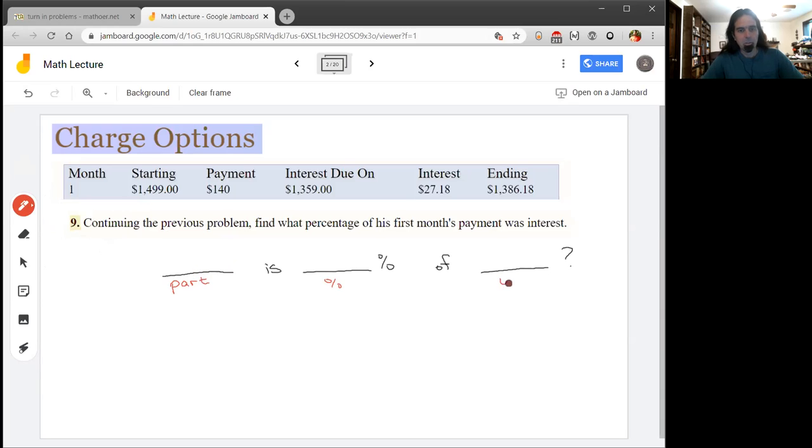If this one was the whole, or this one is the new, if this one is the old, or this one is the change, if this one is the original, all of that ring a bell? So with all of the numbers there, then what goes in my blanks for this particular problem?